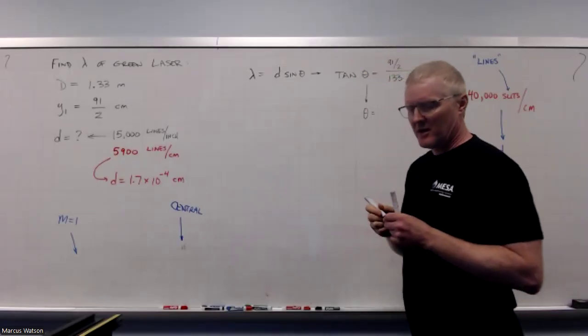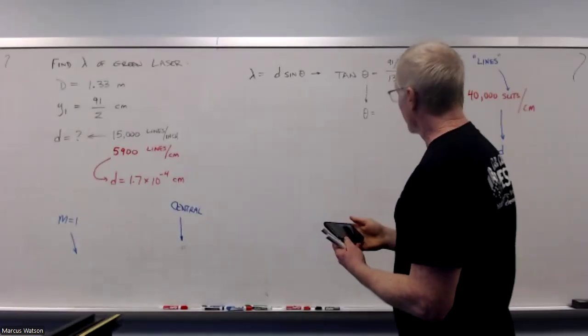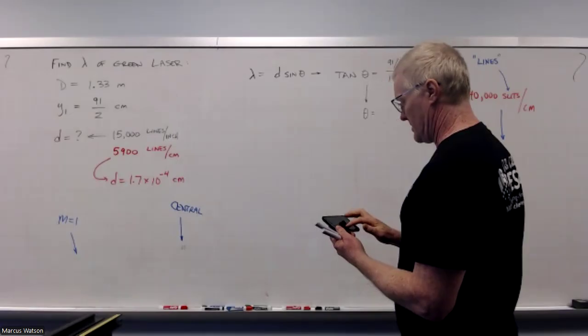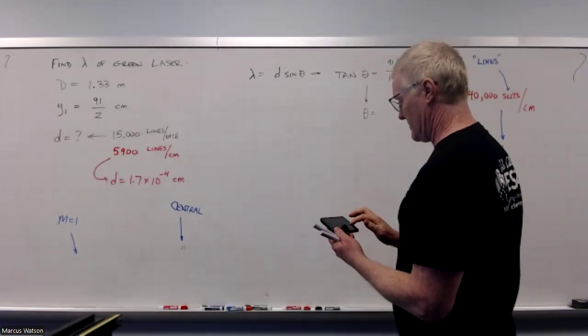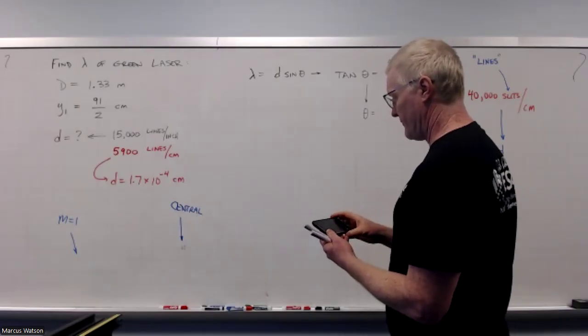All right, now do take care with your angle measures in this case. So we're going to clear that off. We're going to go 91 divided by 133. So that's 0.34.